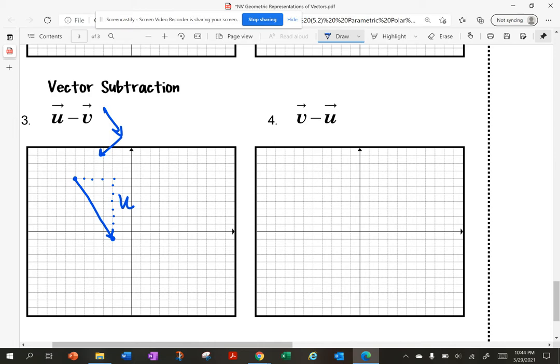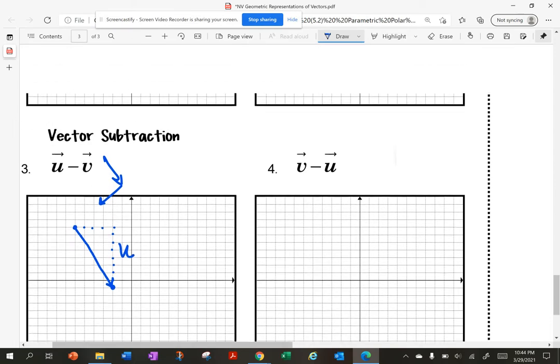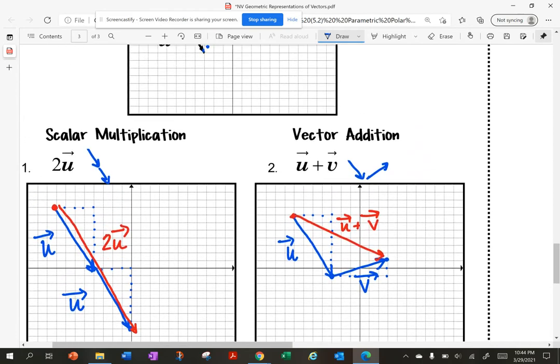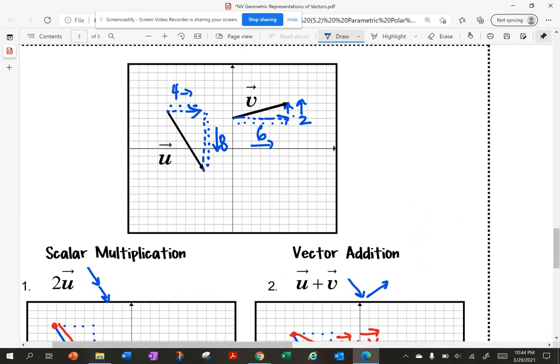For vector v, I want to know negative v. So negative v is really going to go 2 down, so 1, 2, and 6 left, 1, 2, 3, 4, 5, 6. So this would be negative v.